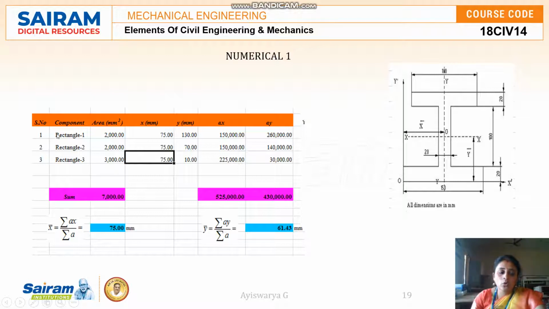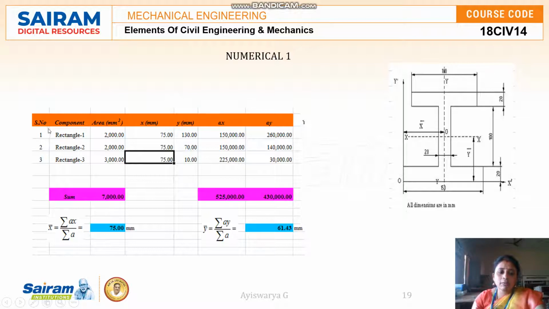Okay, so now you just make a tabular column to get the summation of ax and summation of a. For making this, you have to make serial number, the component segregation, area of respective component, x distance, y distance, ax and ay, right?